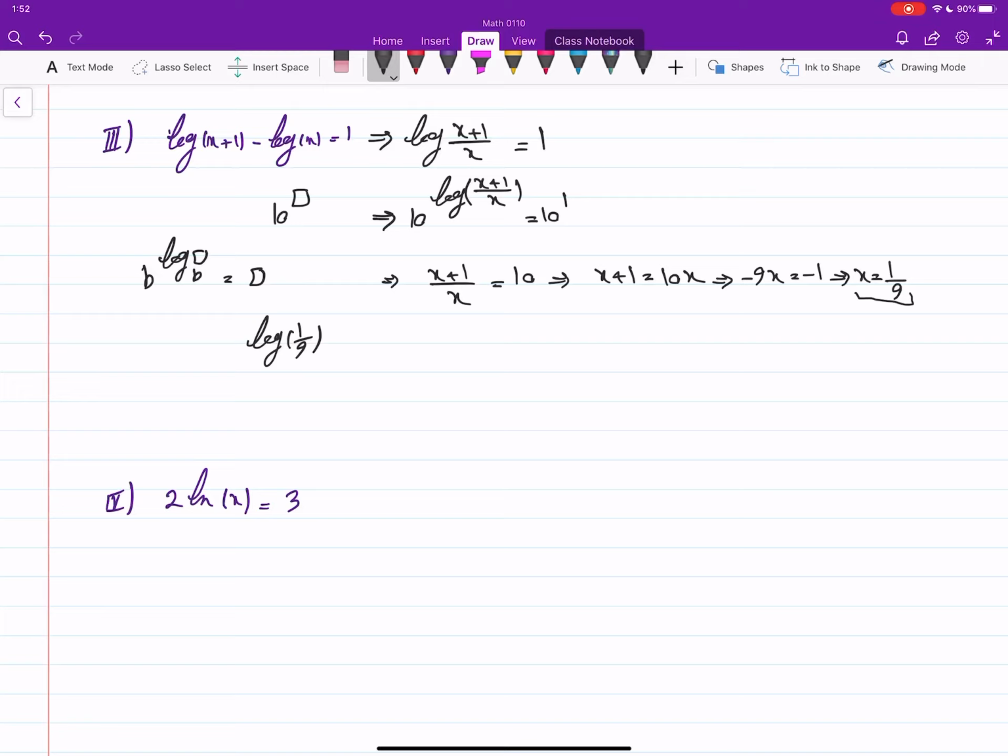Log only accepts positive numbers, so this is okay. Log of 1 over 9 plus 1, this is also a positive number, so log of a positive number is okay. So all the log terms in the original equation are defined at 1 over 9, so that means that yes, it is a solution.